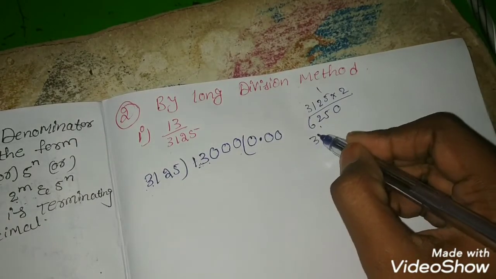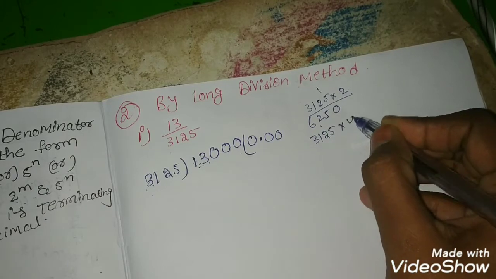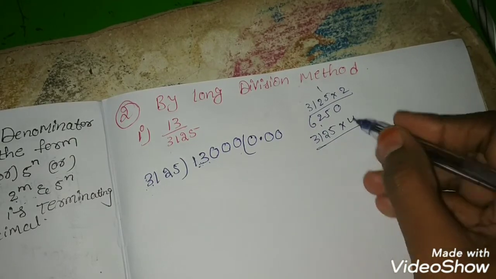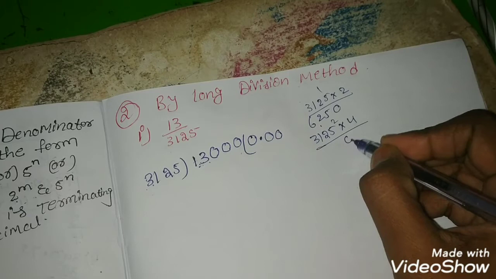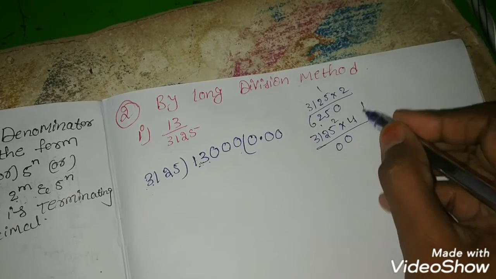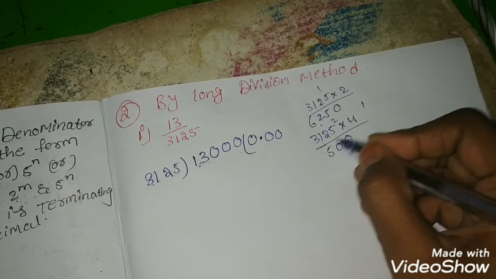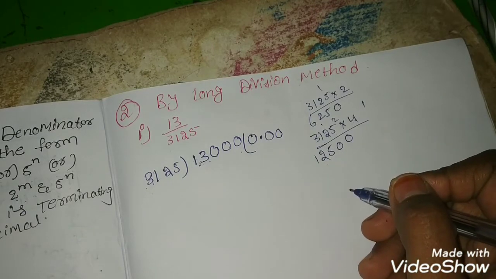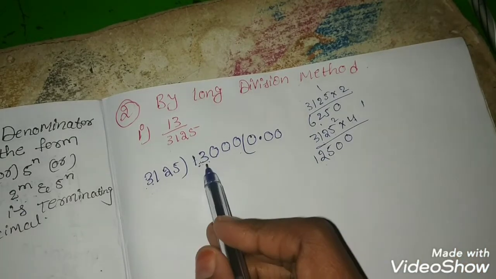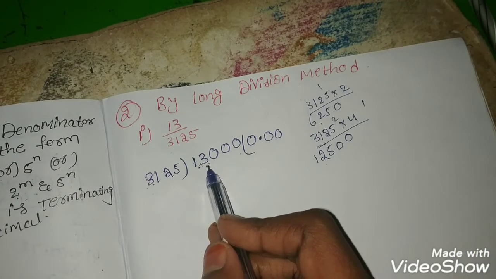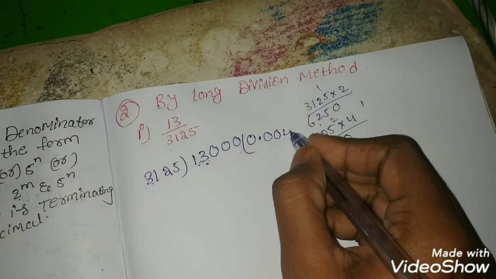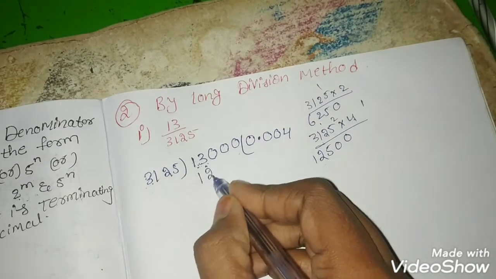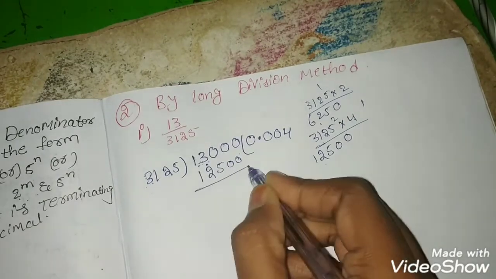So let's take 4. 4 5s are 20, 4 2s are 8, 10, 4 1s are 4 plus 1, 5, 4 3s are 12. See, 12,500 is nearest to 13,000, right? So let's take 4. We get 12,500.